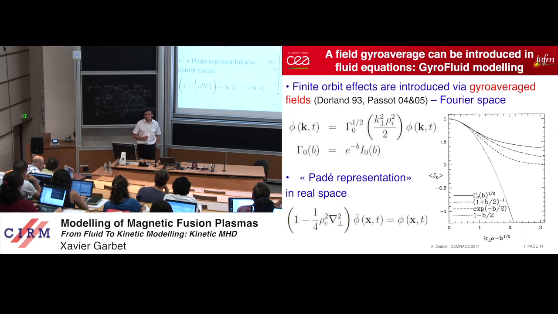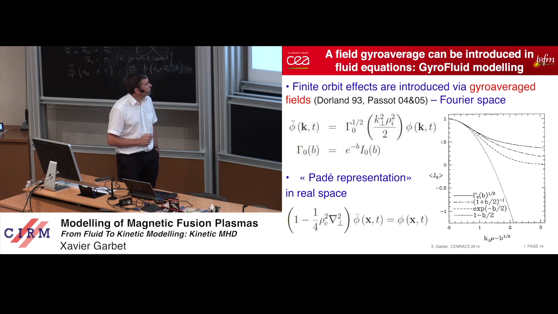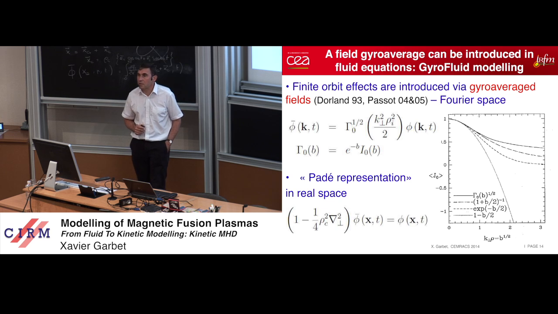So in that case, what you have to do is just invert a Poisson equation to recover your field phi bar as a function of the initial field, right? And this is very tractable.